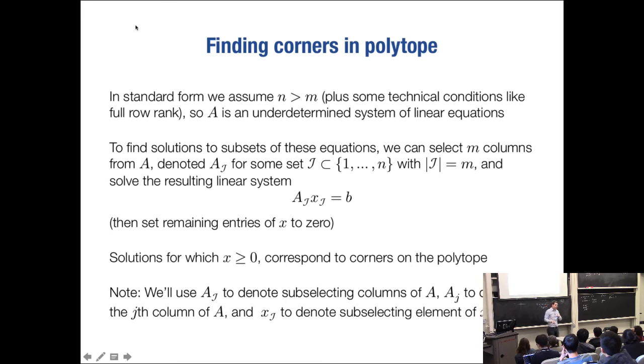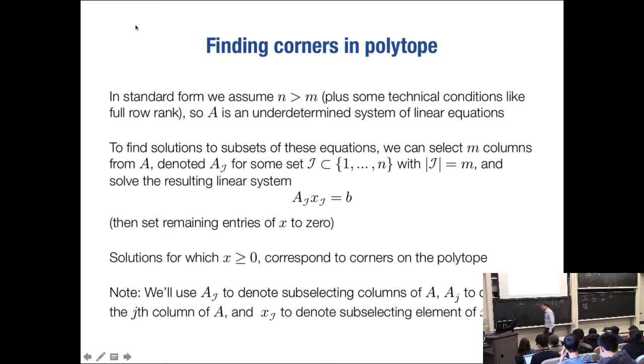In the standard form polytope, that corresponds to picking m columns of my matrix that I'm going to treat as the active constraints, the ones that actually hold with equality.